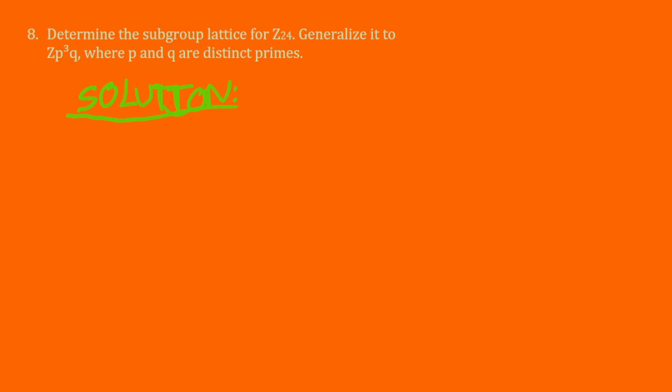So, a subgroup lattice. What is a subgroup lattice? Well, we'll look at what that is in a minute, but it's kind of like a little chart of the subgroups that make up a group. So, let's figure out what the subgroups are for Z24.